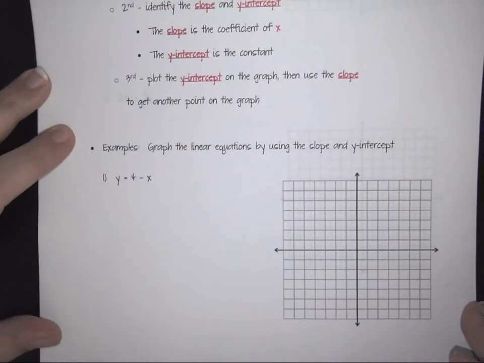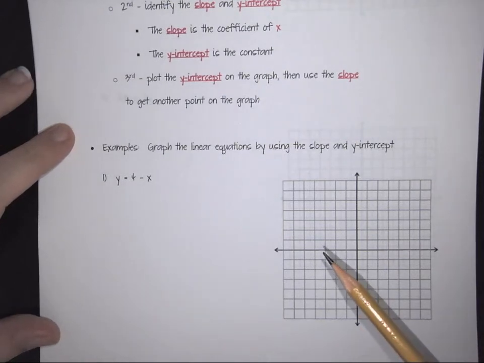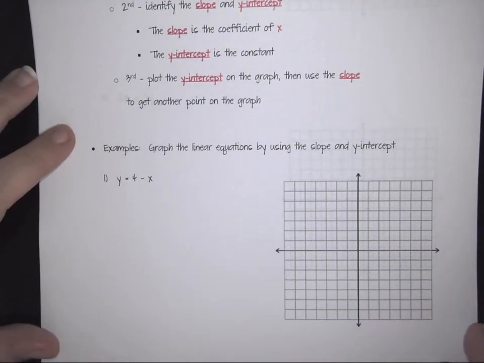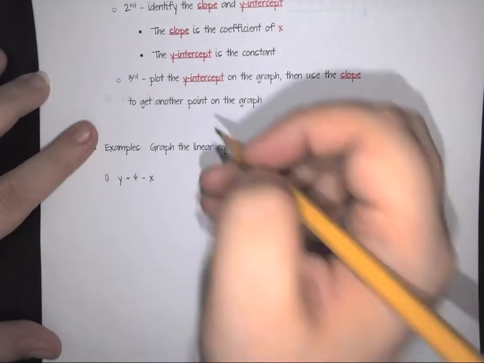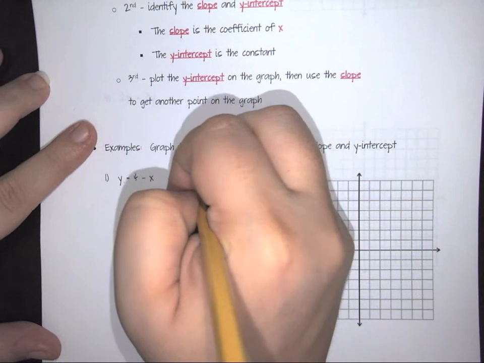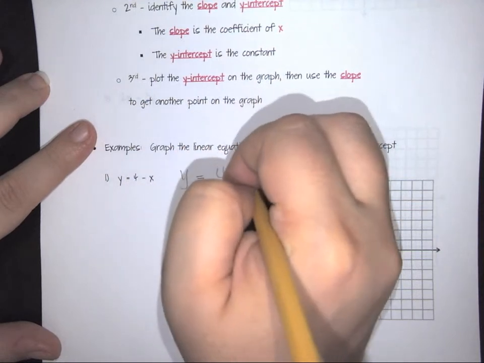So if we look at this first one, it says that we have to graph the linear equation by using the slope and the y-intercept. And so we have this equation here, and this equation says y equals 4 minus x.